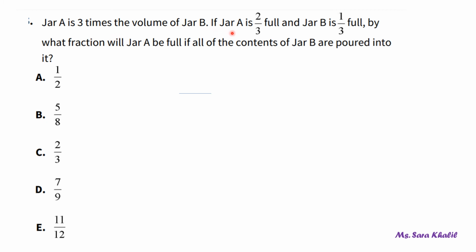If jar A is 2/3 full, so jar A, 2/3 of it is full. And jar B, 1/3 of it is full. And remember, jar B is already 1/3 of jar A, because jar A is 3 times the volume of jar B. By what fraction will jar A be full if all the contents of jar B are poured into it?